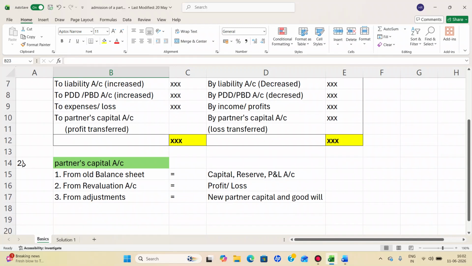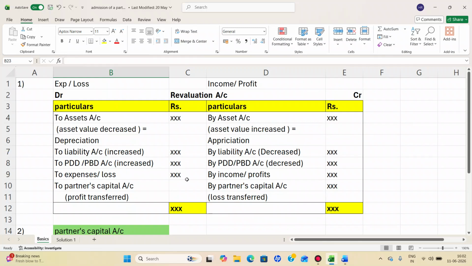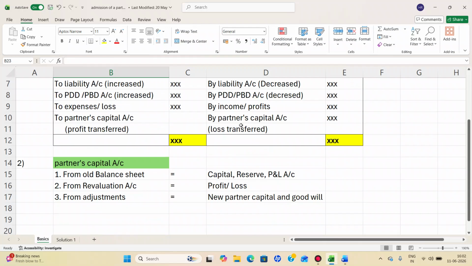After that, the second step is the partners' capital account. From the old balance sheet, we have to take capital, reserve, and P&L. Capital, reserves and P&L account we take from the old balance sheet. From the revaluation account, profit or loss: if there is any profit in the revaluation account, we have to write it, or if there is any loss, we write it in the partners' capital account.